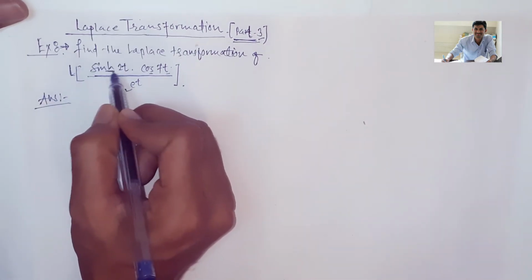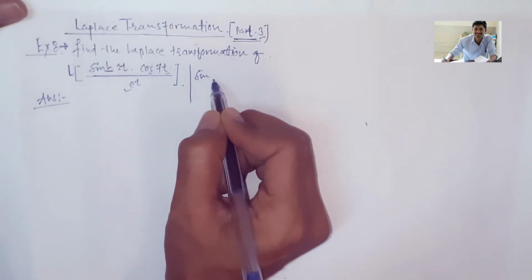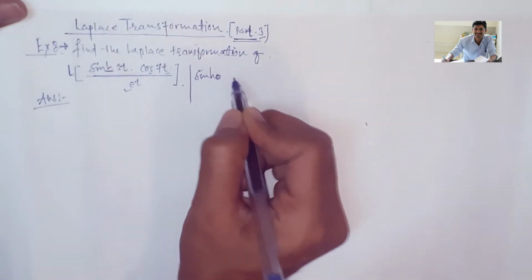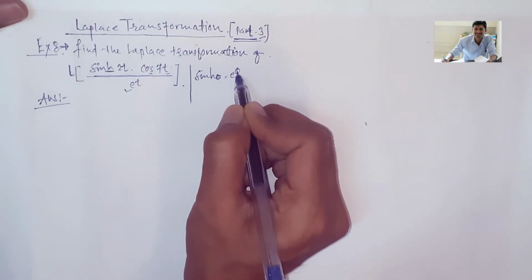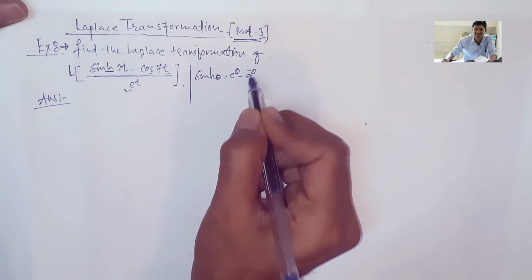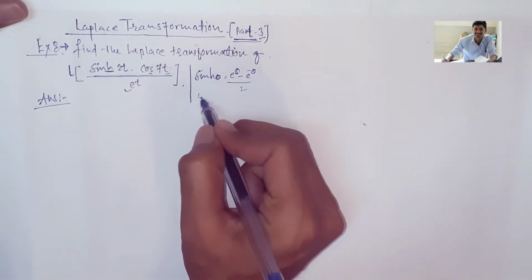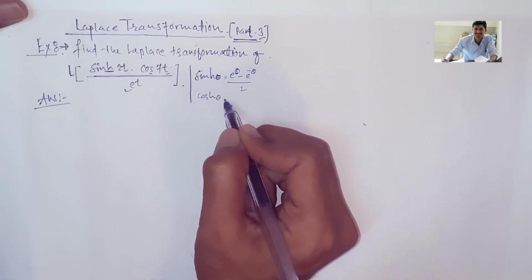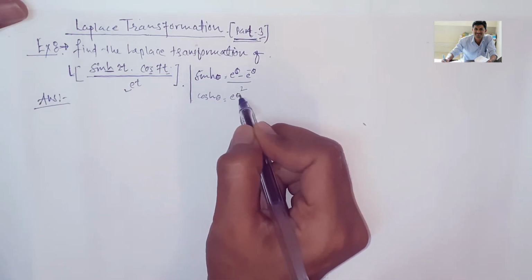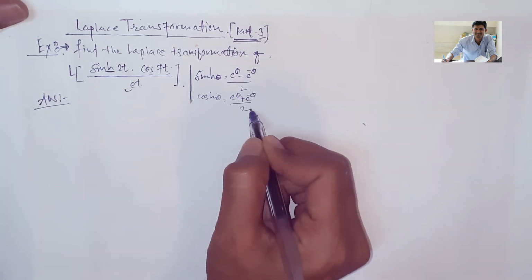When it is hyperbolic, remember that sine hyperbolic theta is e raised to power theta minus e raised to power minus theta divided by 2. If it is cos hyperbolic theta, then it is e raised to power theta plus e raised to power minus theta divided by 2.